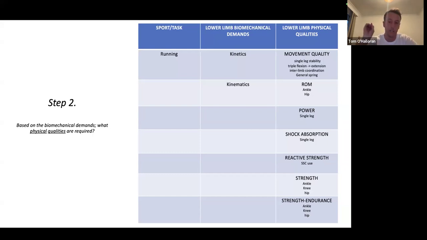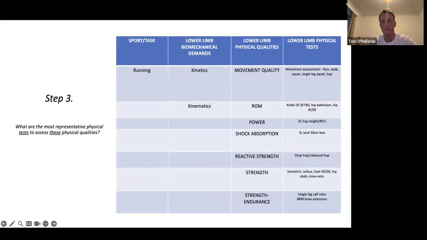We're going to need some strength around the ankle, the knee, and the hip. We know there's large loads, glute med, quad, soleus. Need some strength endurance for fatigability, especially around that ankle, around that knee, and maybe around that glute med and hip too.